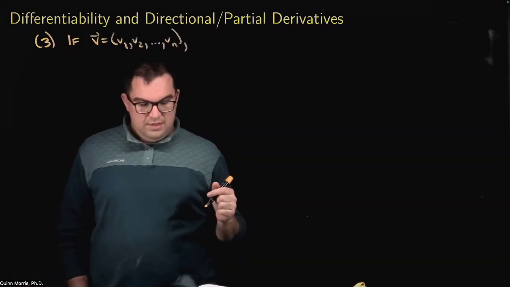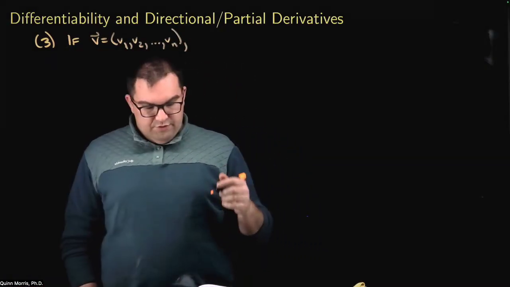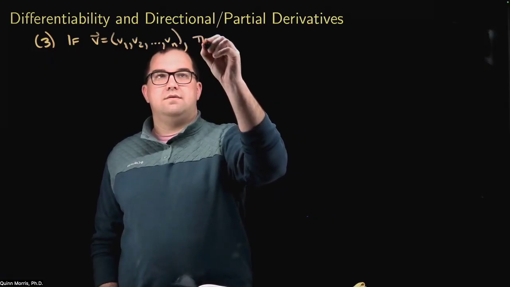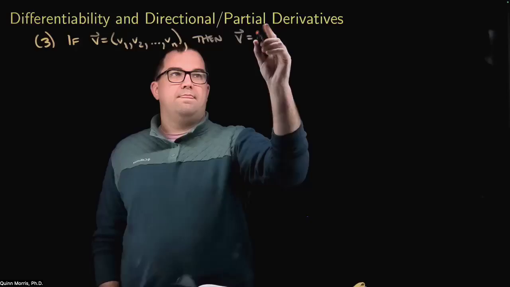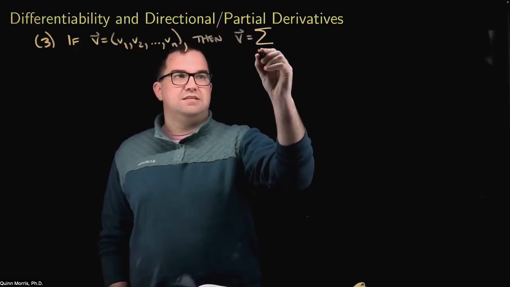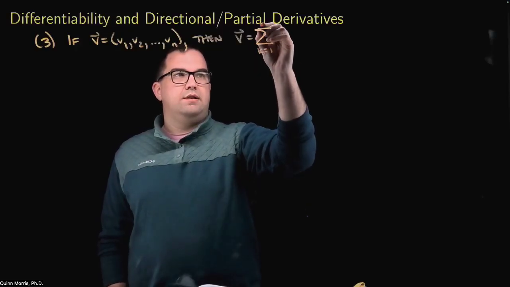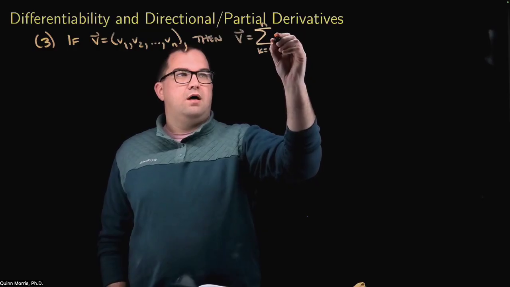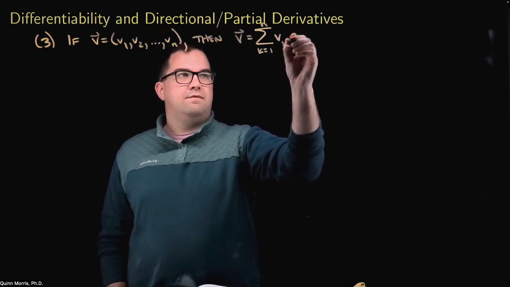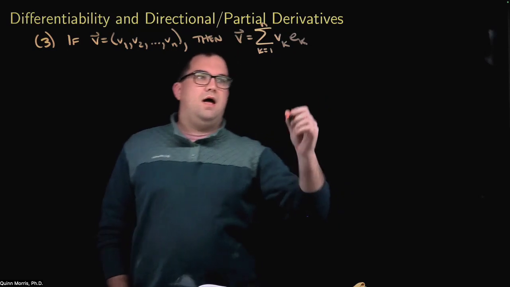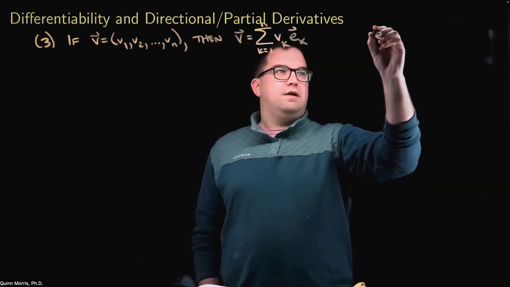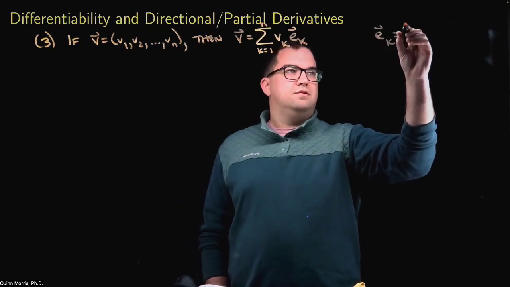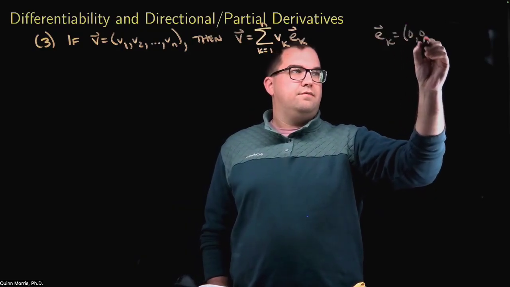Then I can write v as the sum, k equals 1 up to n, of vk times these vectors ek, where ek is just the kth standard basis vector.